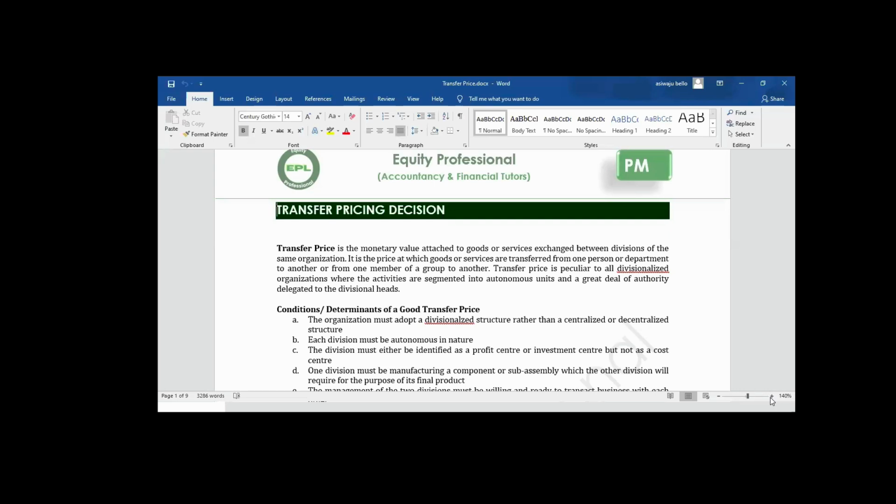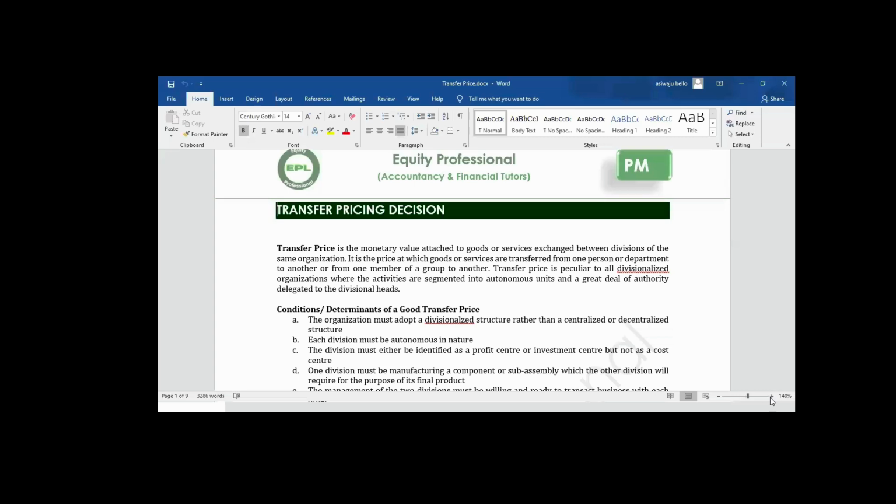Internal transfer will affect the profit of the divisions, but this will not have any impact on the profit of the company. The only time the company will generate profits is when we have external sales.